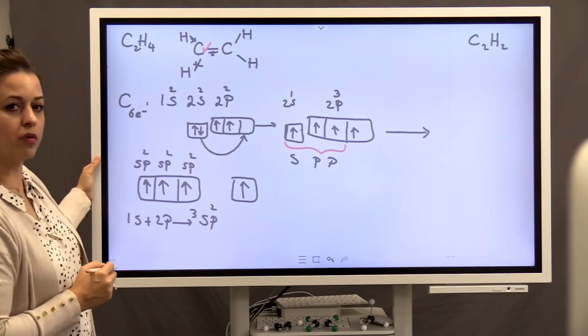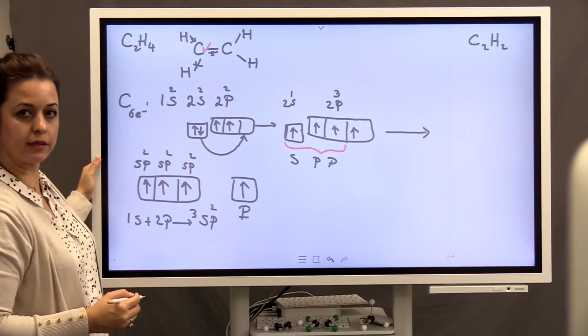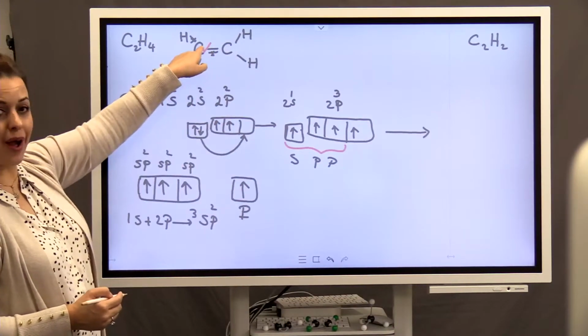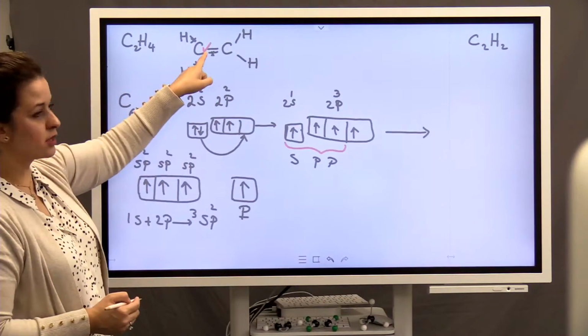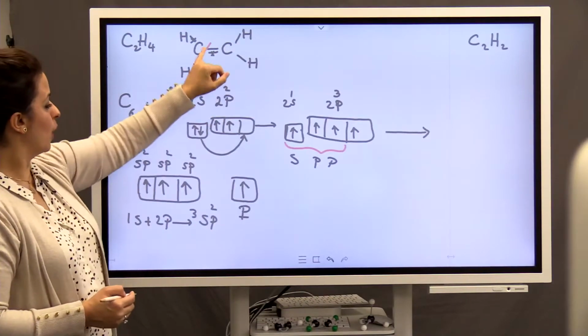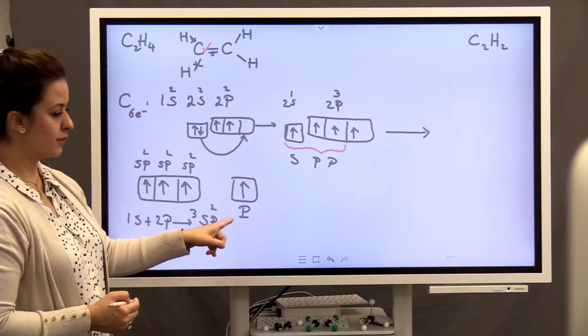What to do with it? This leftover p orbital is the one that is going to create the double bond. Okay? So this p orbital is going to create the double bond.